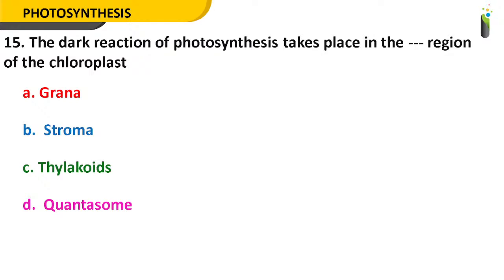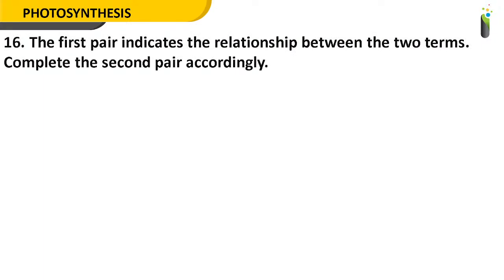So the answer for question number 15 is B. Stroma. Stroma is the site of dark reaction in case of photosynthesis, whereas grana is the site of light reaction. Keep this in mind.